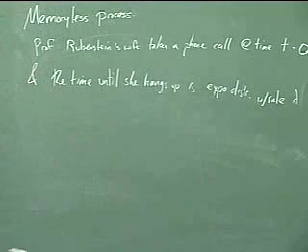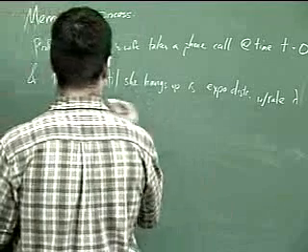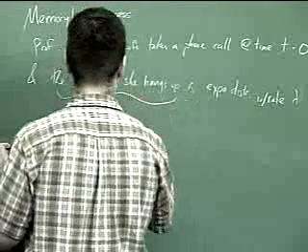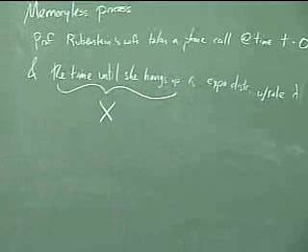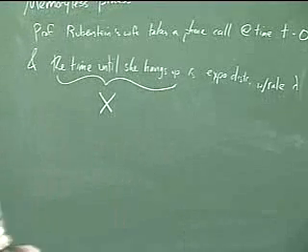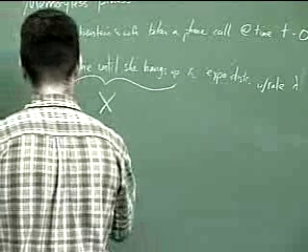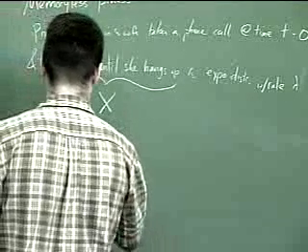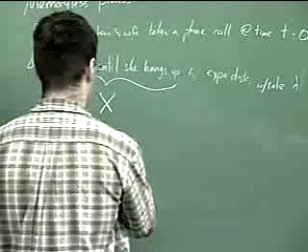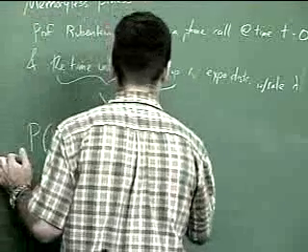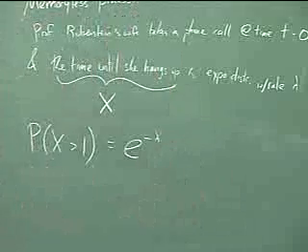Okay? So let's call that time x. So what's the probability that she talks for more than an hour? It's just going to be e to the minus lambda times t equaling 1 in this case, right?